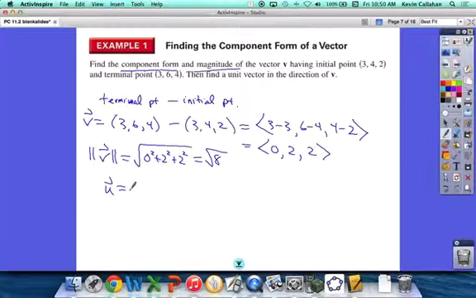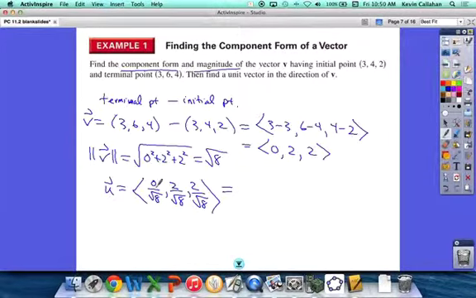You divide the vector by its magnitude, right? So that would be 0 divided by the square root of 8, comma, 2 divided by the square root of 8, divided by 2 divided by the square root of 8. Because that could be simplified.